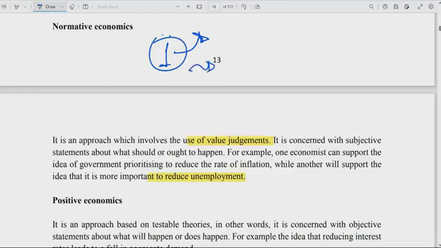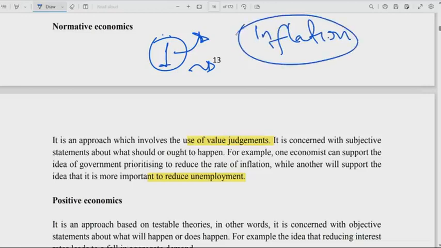So one economist could say that for a government to move on well, an economy to move on well, they have to prioritize in reducing inflation. They have to reduce inflation. While another one could say that if we were to prioritize, we should prioritize in reducing unemployment.